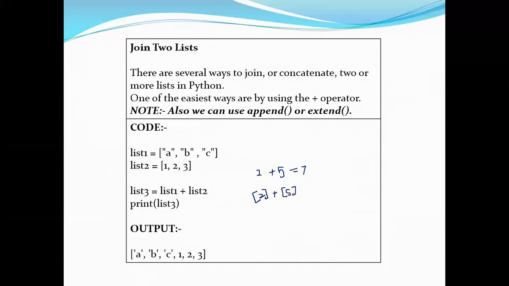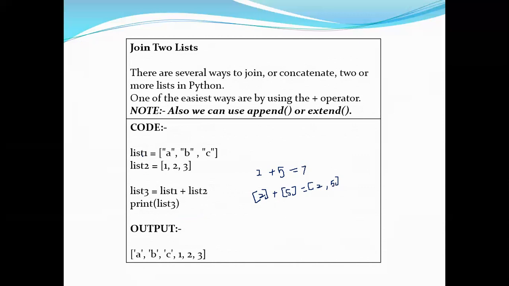This time the plus operator will behave as a joining or concatenation operator. So it will give me 2, 5.